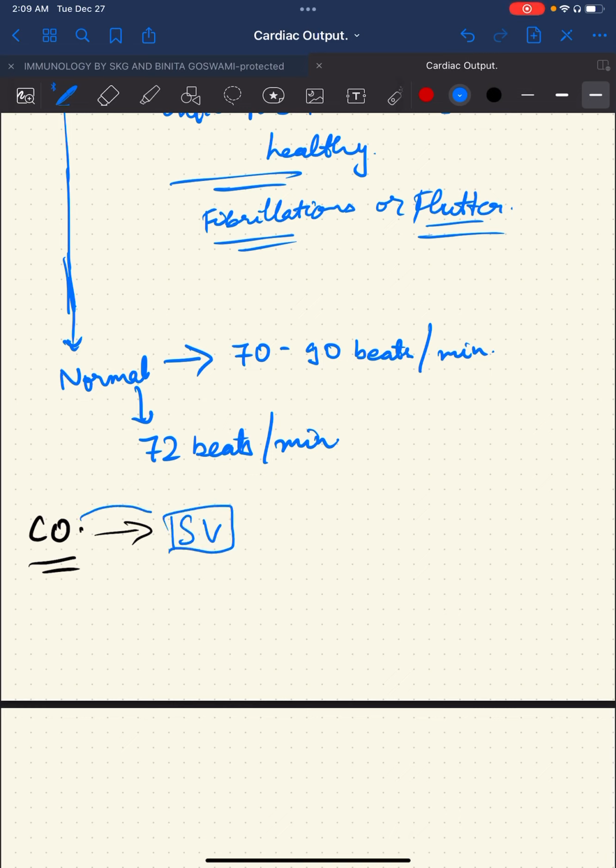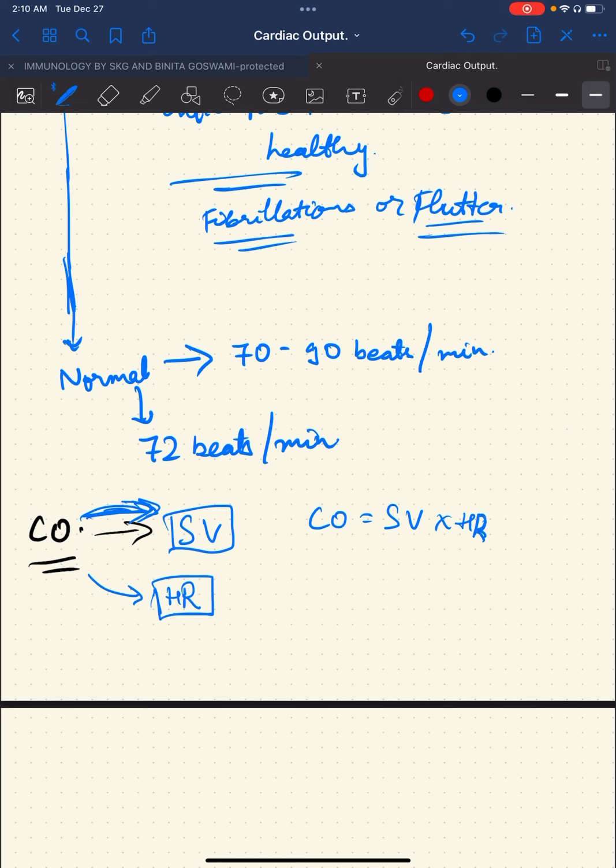So cardiac output has some relation with stroke volume. If stroke volume increases, definitely cardiac output will also increase. Similarly, if heart rate increases, cardiac output will also increase.